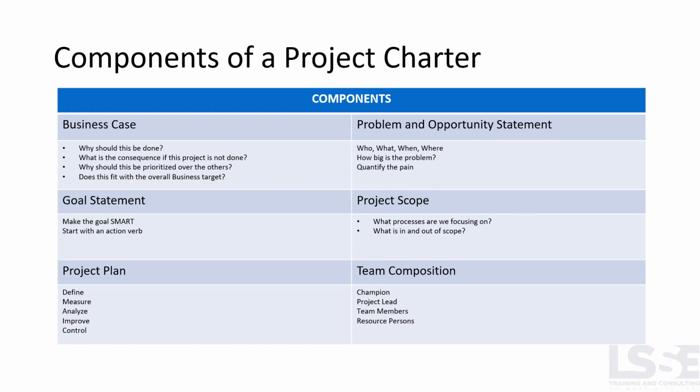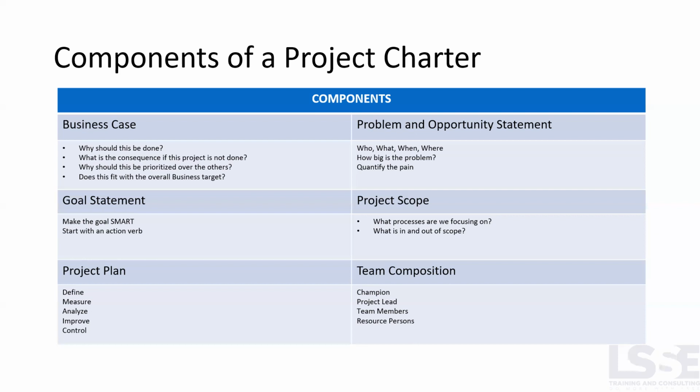A project charter is normally composed of 6 parts. The first is the business case. In the business case, you are trying to explain why you need to focus on this project. Why should this project be done? What will be the consequences if this project is not done? Why should this be prioritized over the others? And how does this fit with the overall business target?